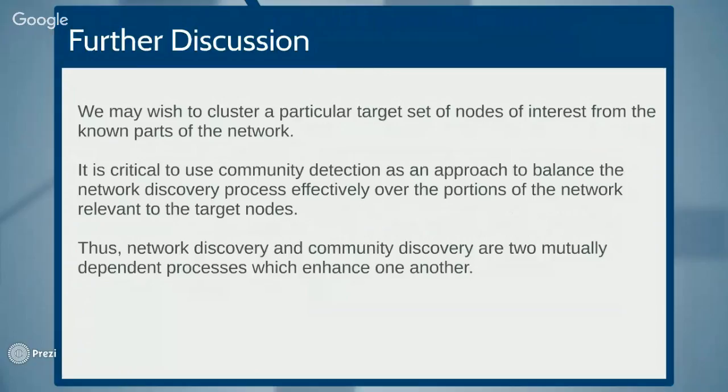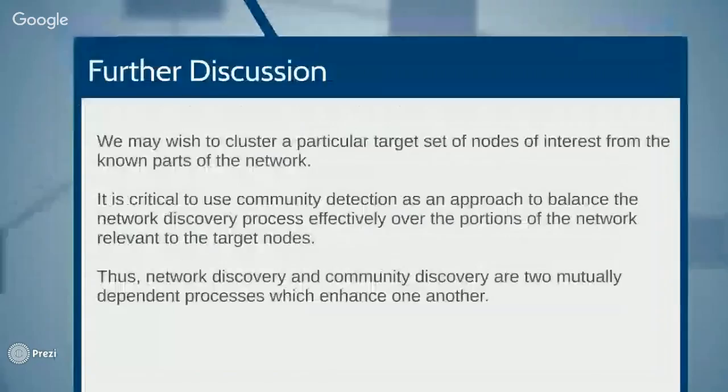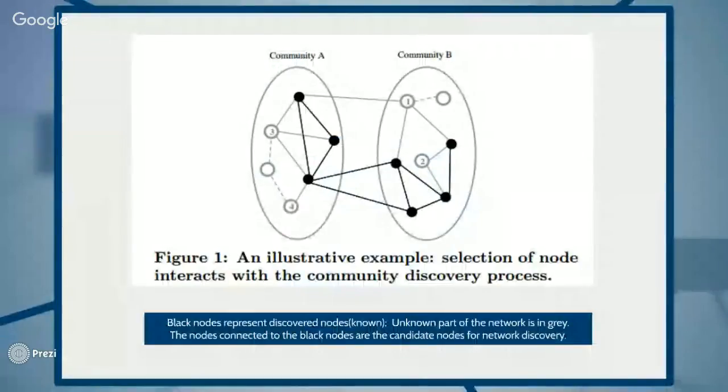From this discussion, we can easily conclude that these two parts are mutually dependent and are necessary to enhance each other. So now consider this example. The black nodes are the nodes that are known till now, and the gray ones are the ones that are not known. We wish to add a new node to the graph.